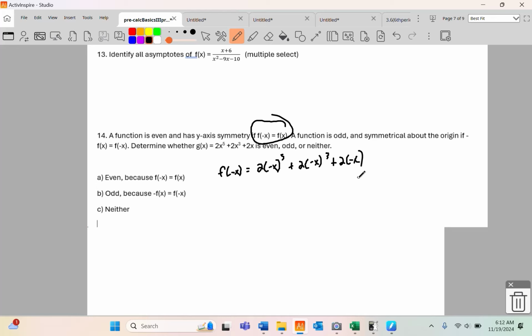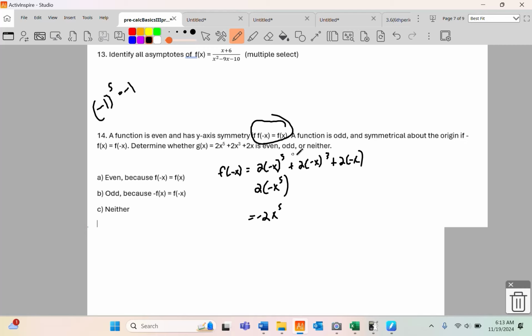All right, so if I take something like a negative 1 and I raise it to the 5th, I still have a negative 1. So this becomes 2 times a negative x to the 5th, which becomes negative 2x to the 5th.